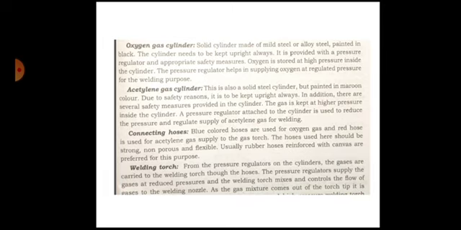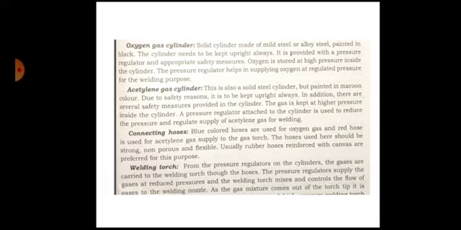Okay. The fourth component is the welding torch. From the pressure regulators on the cylinders, the gases are carried to the welding torch through the hoses. That is, from both these cylinders, the gases enter the welding torch.